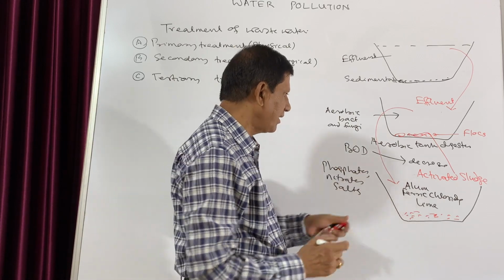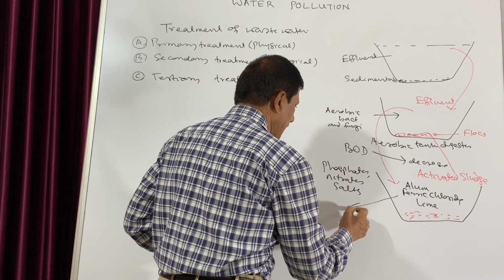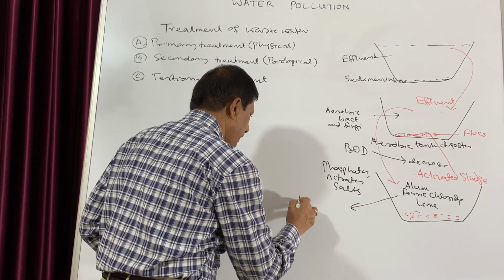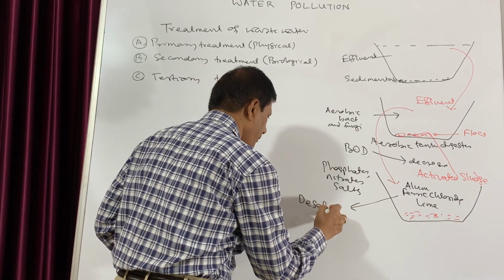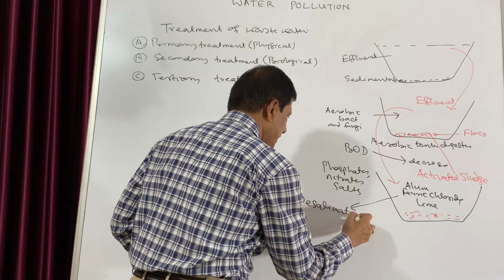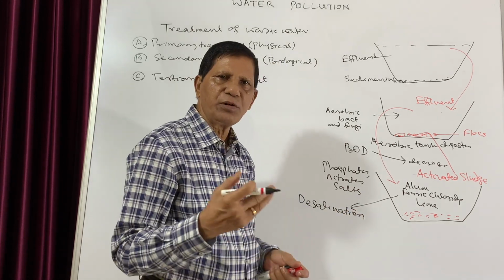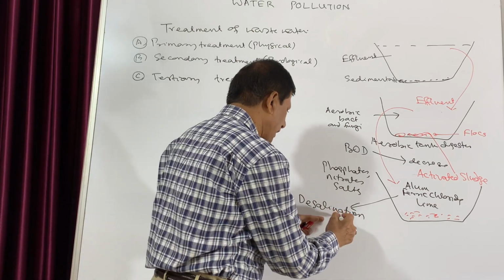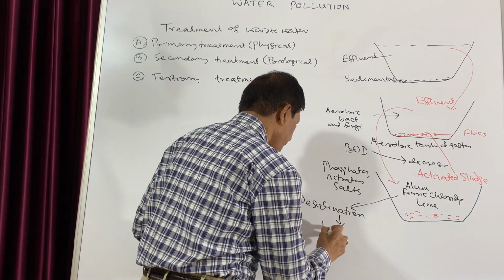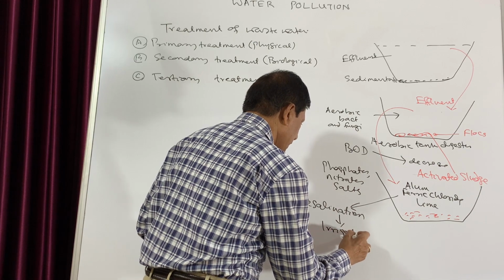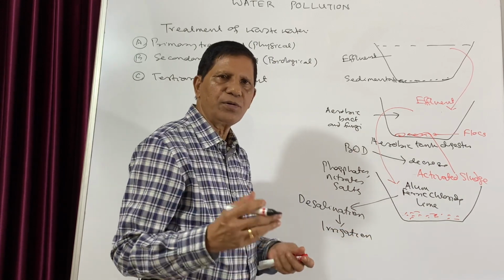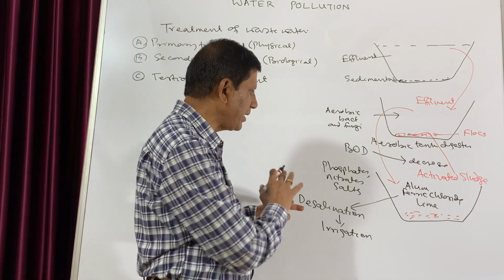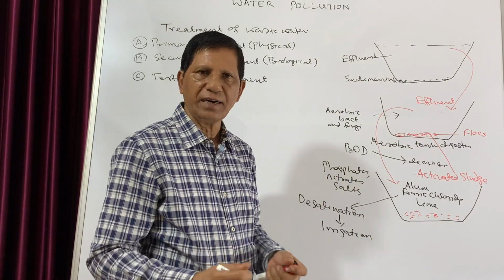So for that, this water is to be treated again, or there should be desalination, where the nitrates will be removed, and after this desalination, the water is fit for irrigation. That means there is no salt, no alkali, no acid, all have been degraded.